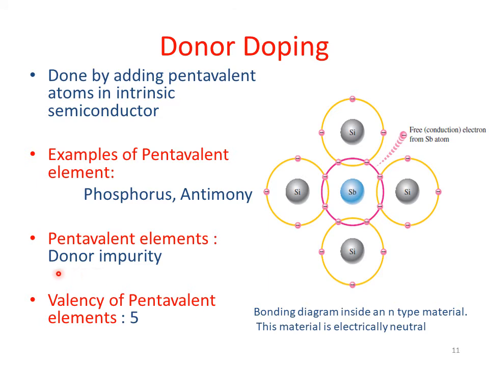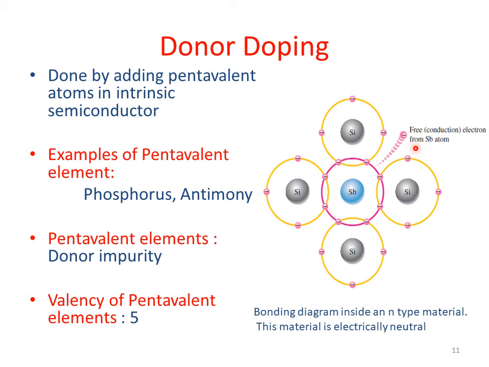So, pentavalent elements are called as donor impurity because of the fact that whatever number of pentavalent elements is added to the semiconductor material, they will donate the same number of electrons to the semiconductor material. यानी कि अगर मैंने अपने सेमीकंडक्टर मटेरियल के अंदर एक एंटीमनी एटम ऐड किया, it will be donating 1 free electron to the semiconductor material. Similarly, if I add 5 antimony atoms, they will be donating 5 free electrons to my material.